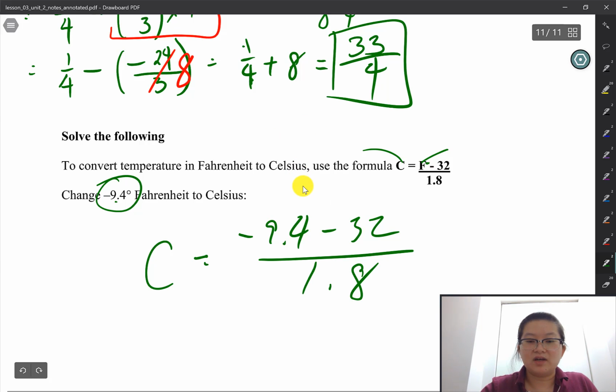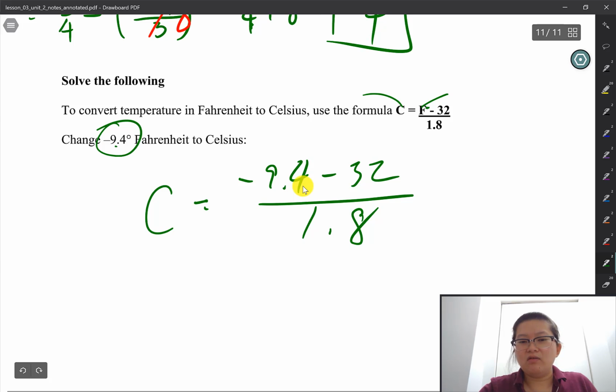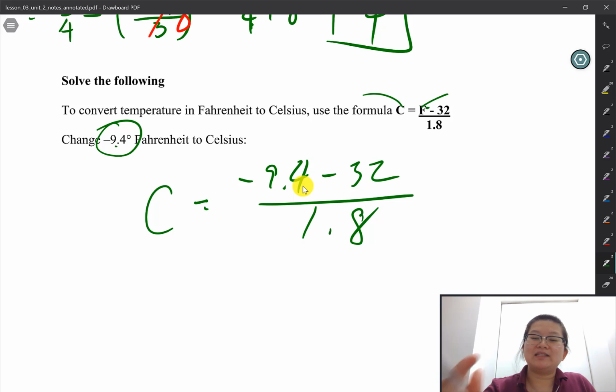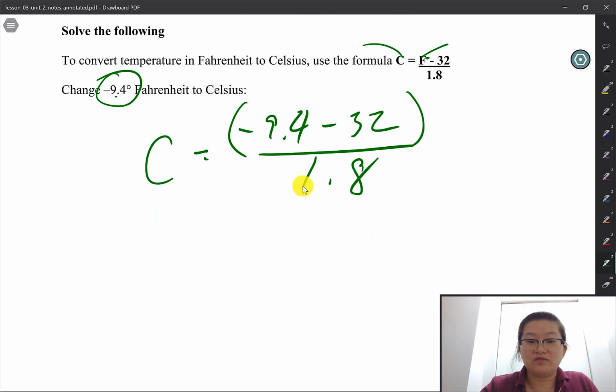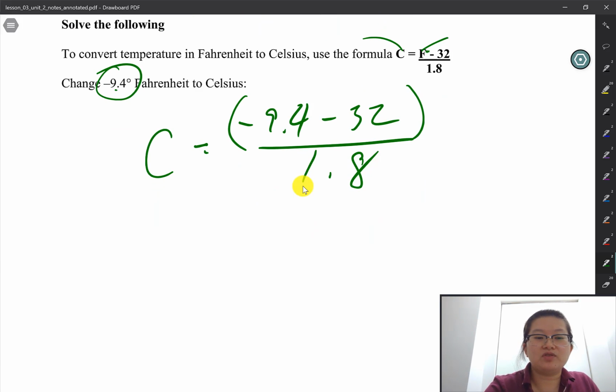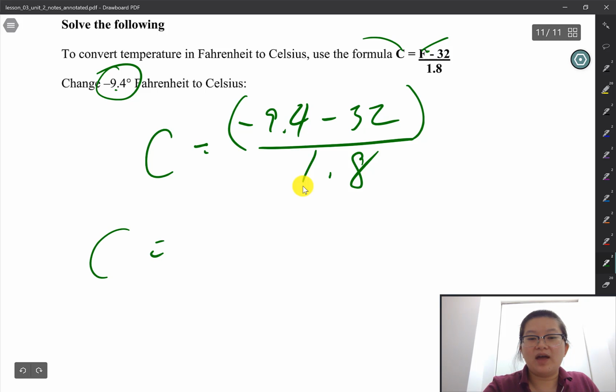Order matters. So you might think that, oh, I take the negative 9.4 divided by 1.8, but be careful, the 1.8 is dividing this entire top. So imagine there are brackets at the top. You have to do those first. So if we put those two together, this is going to add up, giving us negative 41.4.